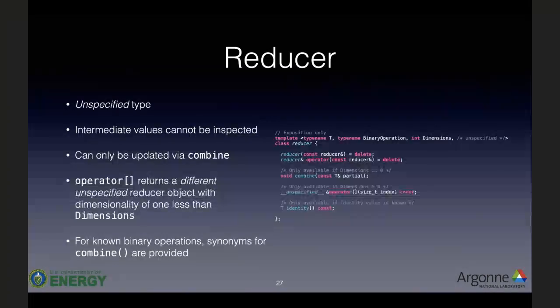For things with greater than 0 dimensions, there's an operator square bracket that lets you work your way down to one. Basically, if its dimension was 3, it would create a proxy for one with dimension 2 and a proxy for one with dimension 1 until you finally get to combine, which lets you contribute to the final result. And for known binary operations, there are some synonyms given for combine. I'll get to that on the next slide.